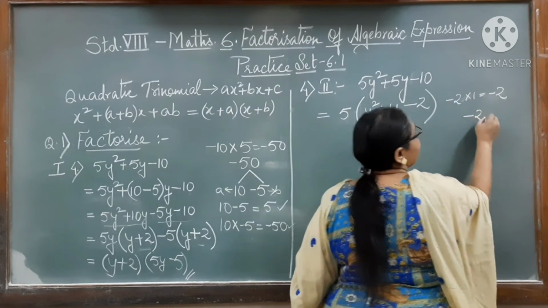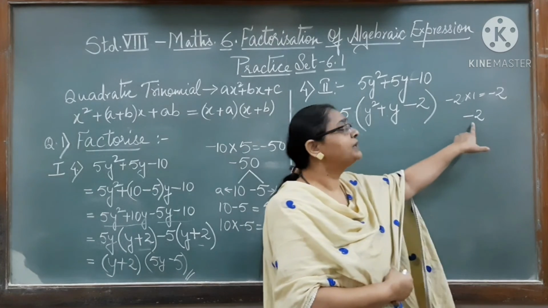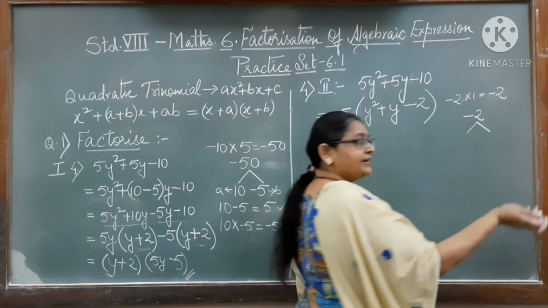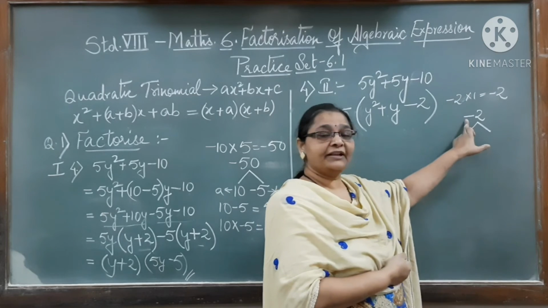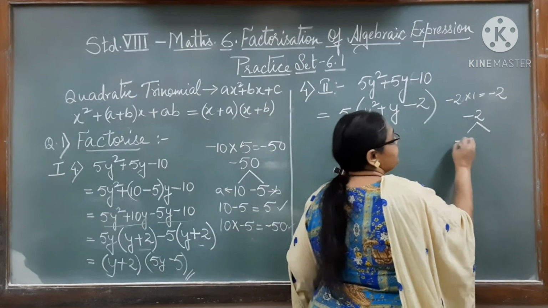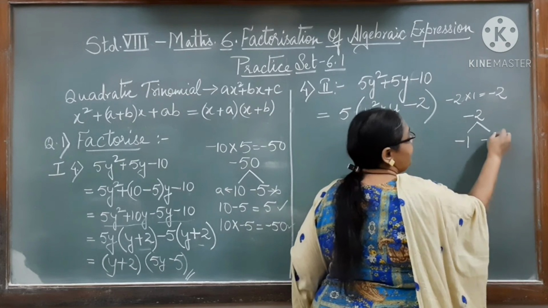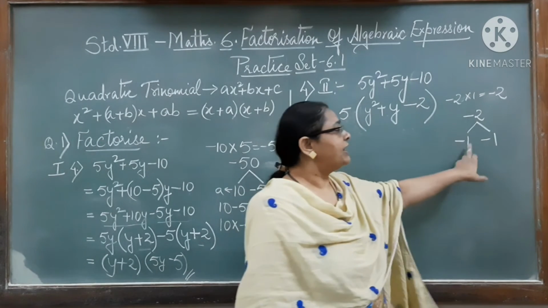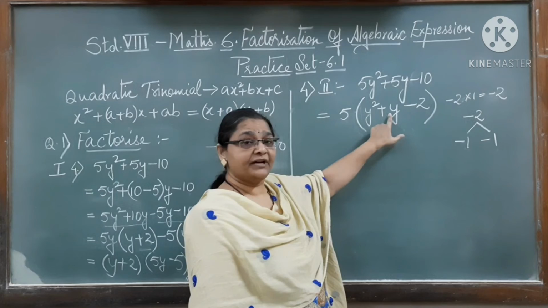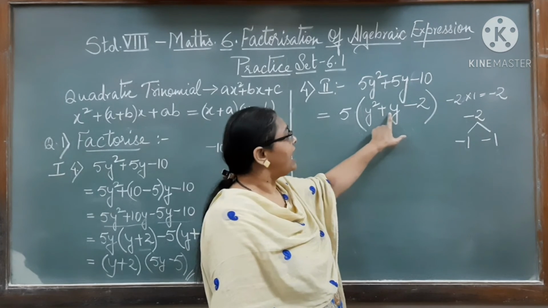Now we have to find out the factors of minus 2. Very simple it is. Let me find out the factors of minus 2. Of course, can I use minus 1 and minus 1? 1 ones are 1. Yes, I get the middle term if I am going to add or subtract.